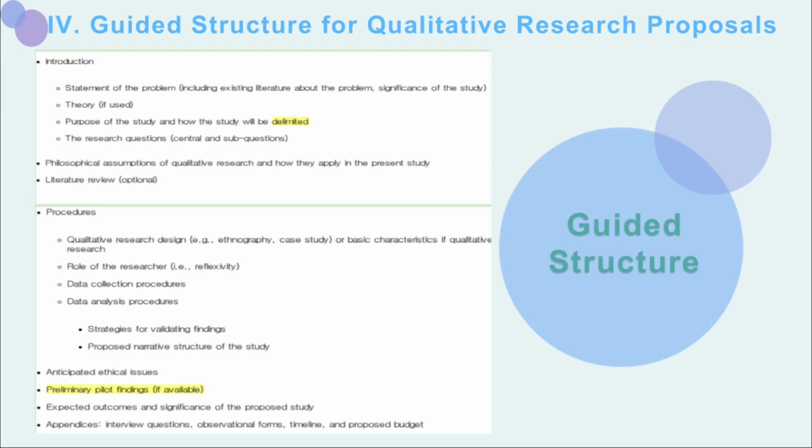Section 4. In this section, we are introduced to the guided structure for qualitative research proposals. 1. Introduction. This part gives us a starting point, mentioning the problem, its importance, any theories used, the study's aim, and the questions it aims to answer. 2.